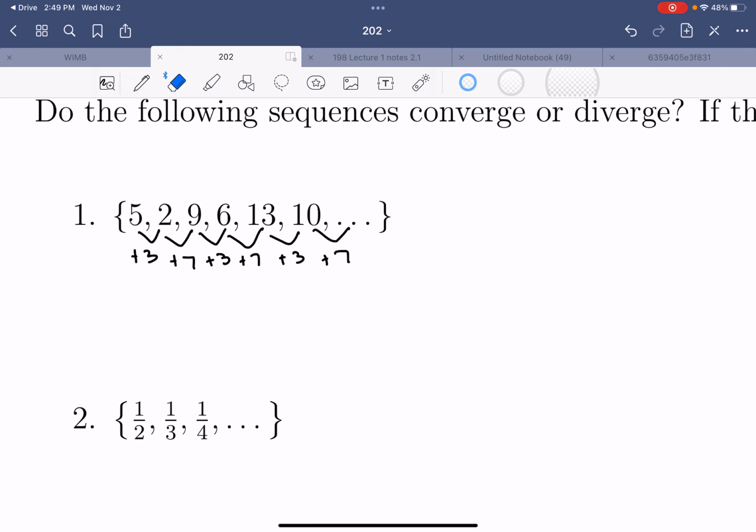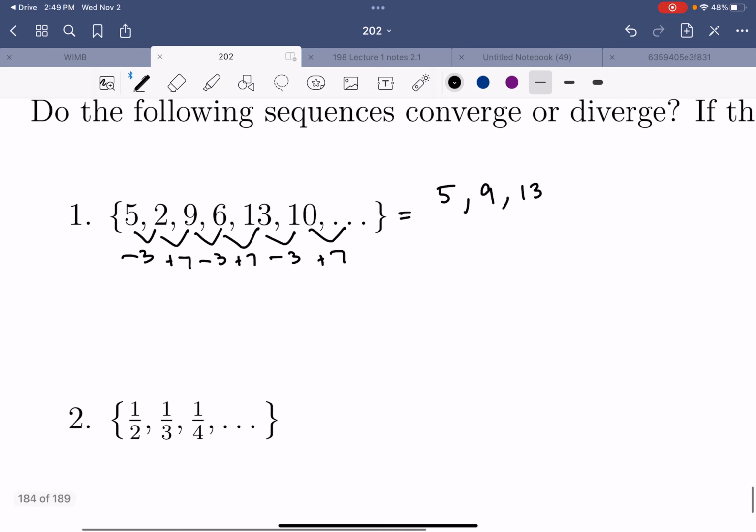This is minus 3, minus 3, minus 3. Okay, so let's see if we can split this up and see if we can add two things together. So let's make this 5, 9, 13. And then down here, yeah, that's not going to work for us.